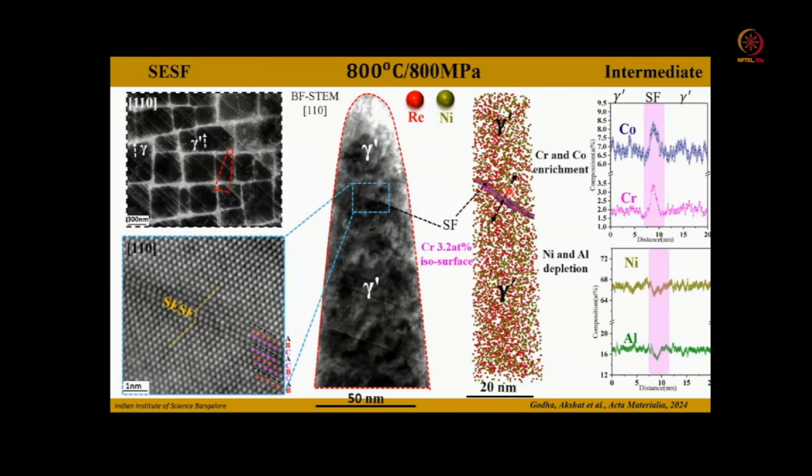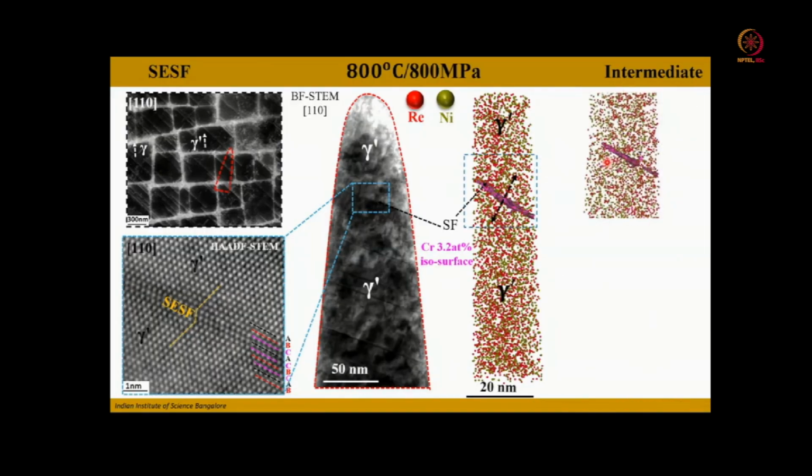If you take a composition profile, what we see is an enrichment of chromium, enrichment of cobalt, while depletion of nickel and depletion of aluminum. We don't see any significant composition fluctuation of other solutes.